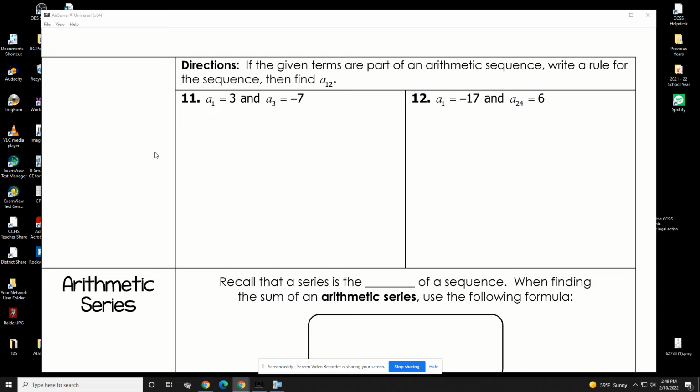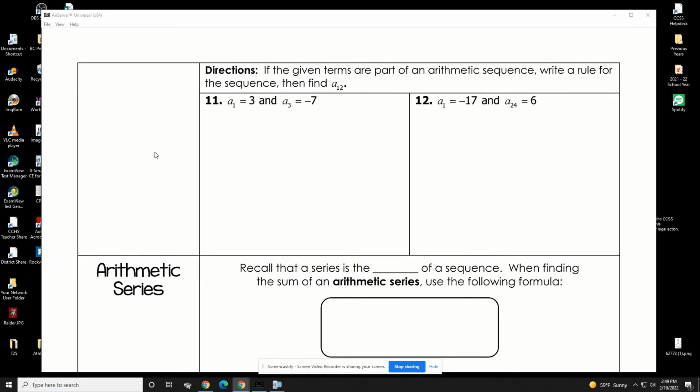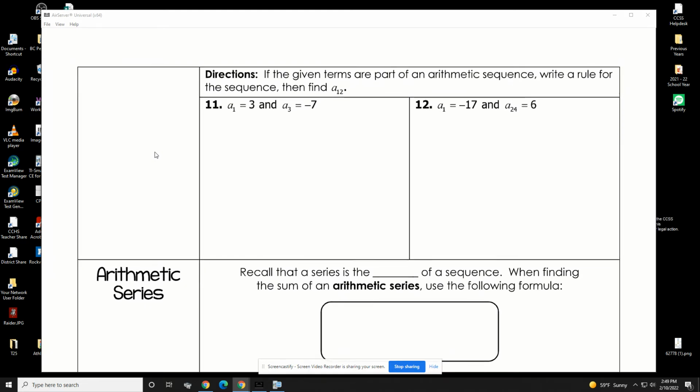So if you look at number 11, we don't have the first and second term. How do I find the common difference if I don't have the first and second term? Well, here's how. We're going to take the top and do the difference of the term values.